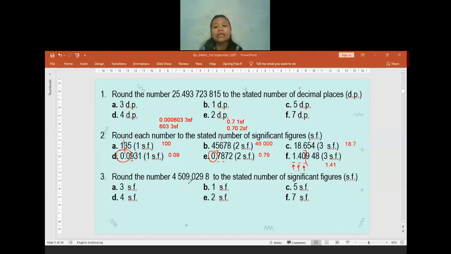The first significant digit is always the first non-zero digit. You have to check the number. The number starts from the number 4. So it means the 4 is significant, 5 is significant, all the numbers are significant. So here, because the question is asking correct to 3 significant figures, we have to find the third significant figure. The third significant digit is 0.